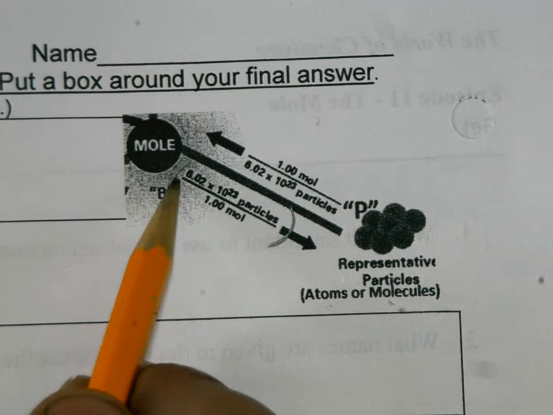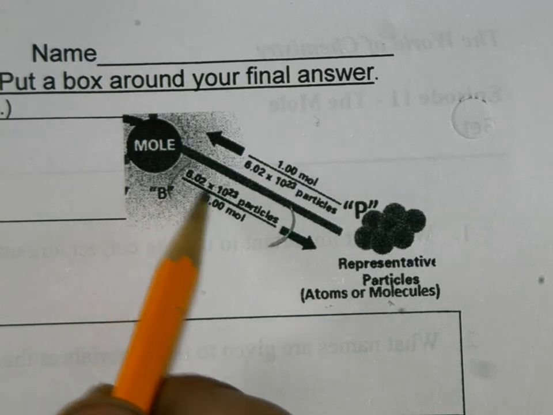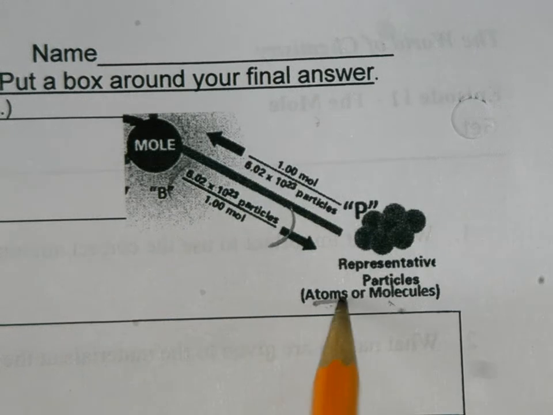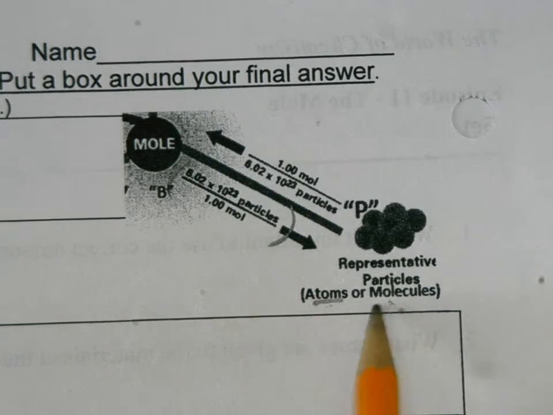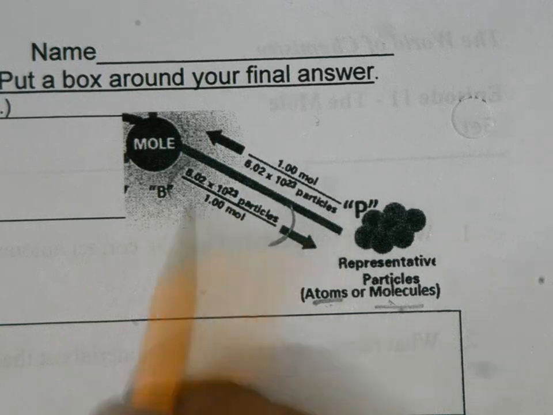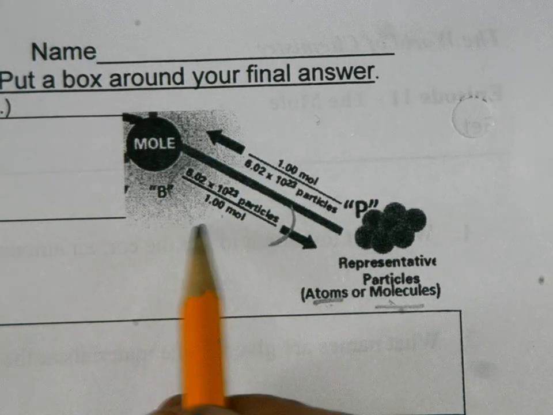That conversion factor is going to be Avogadro's number, 6.02 times 10 to the 23 particles, which will either be atoms or, in this activity, molecules: 6.02 times 10 to the 23 molecules in 1 mole.